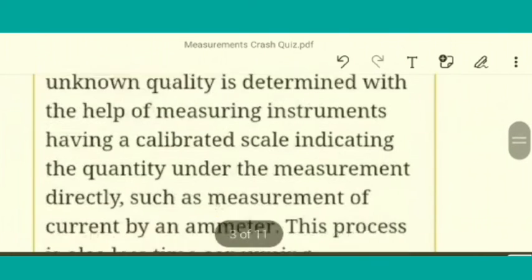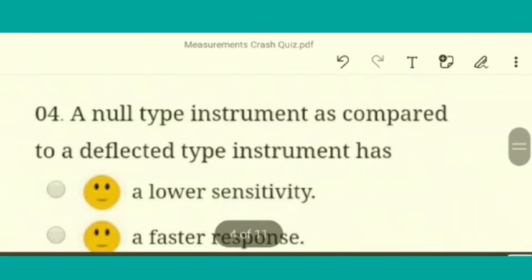Now moving towards our next question. Our next question is, a null type instrument as compared to a deflected type instrument has. We have discussed null type instruments in previous videos, for example the Wheatstone bridge.